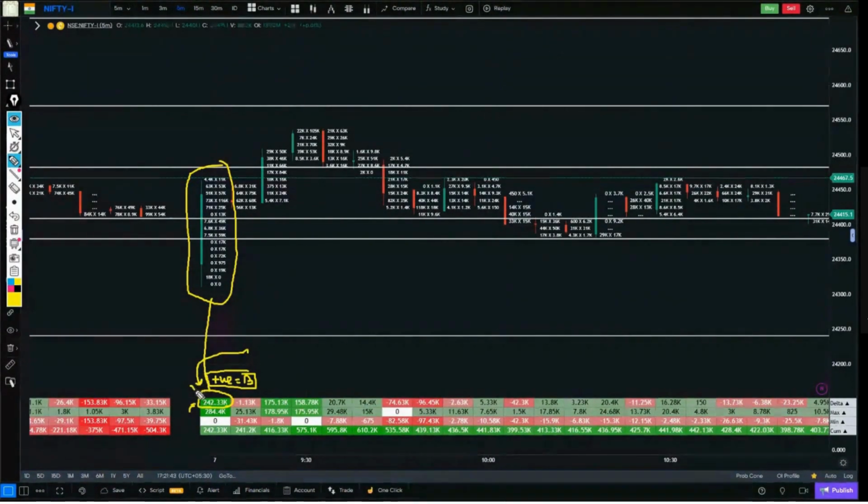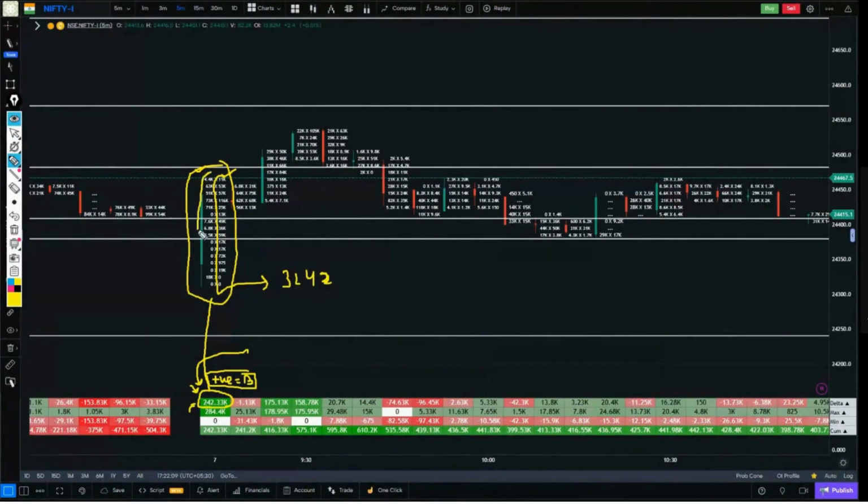Now, how is this delta value calculated here? Taking a round off figure, on the footprint, we have buyers on the right side. On the left side, we have sellers. So first, we add all the buyers on the right side, and to understand with a round off figure, let's assume there are 342,000 total buyers.